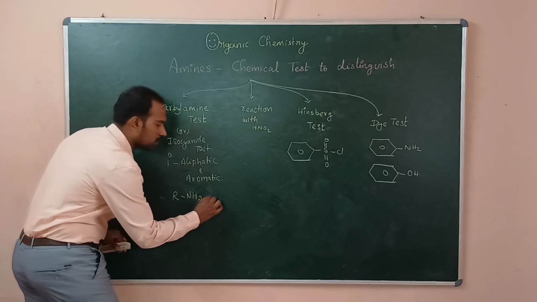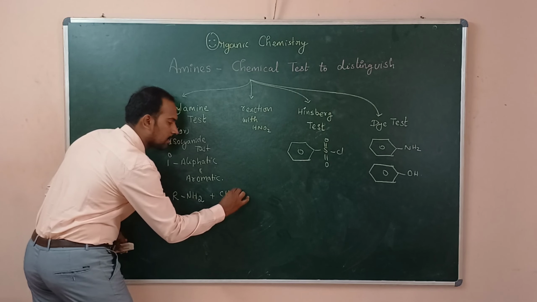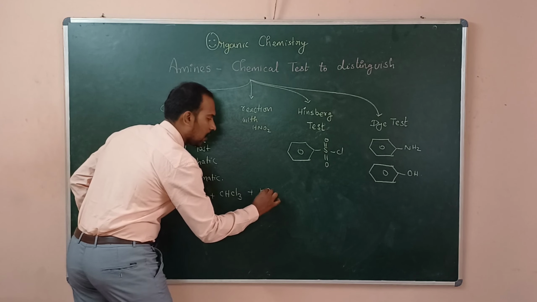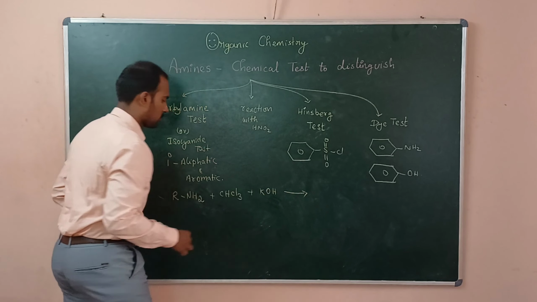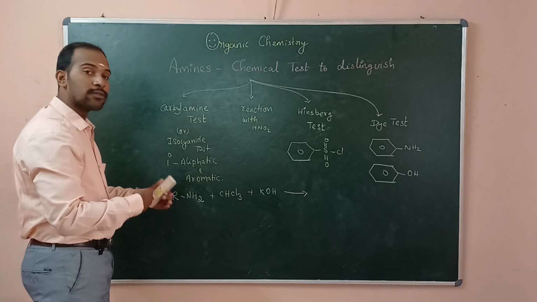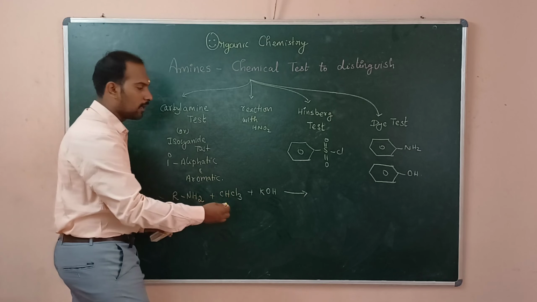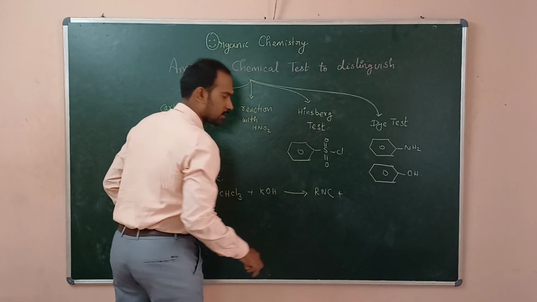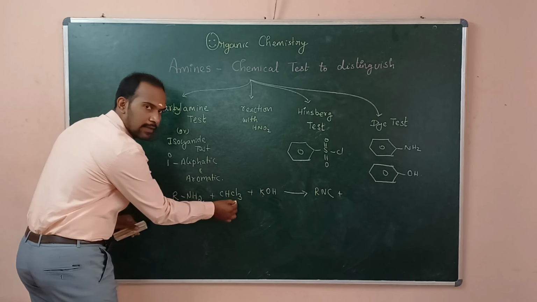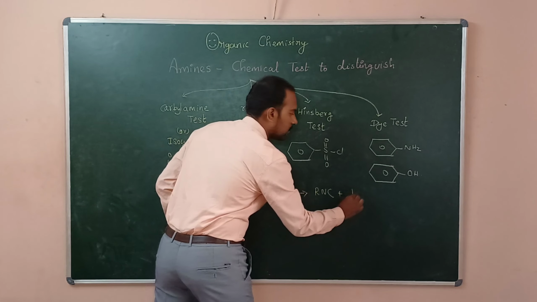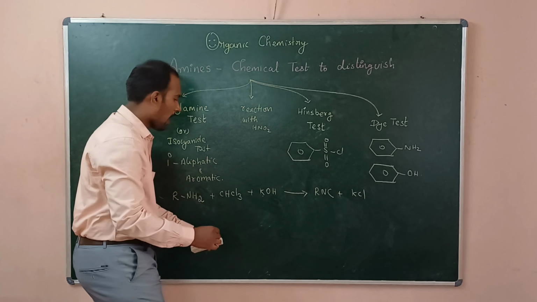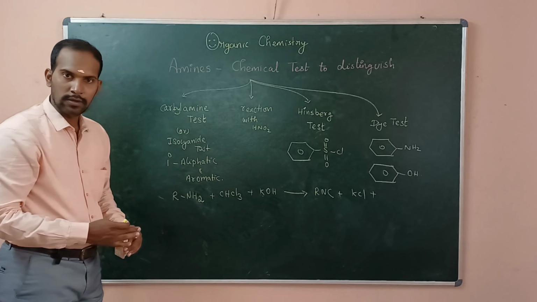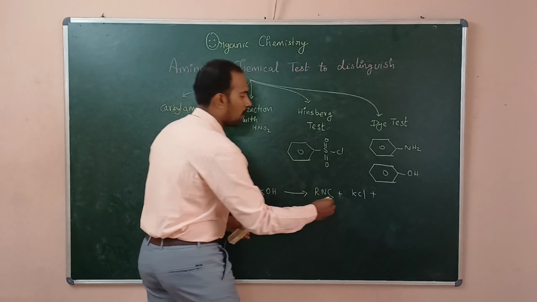RNH2 reacts with chloroform, CHCl3, and KOH. It forms isocyanide, RNC, plus KCl and H2O.